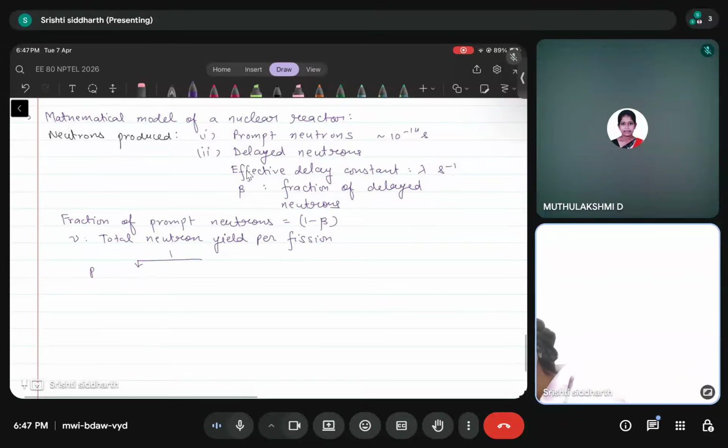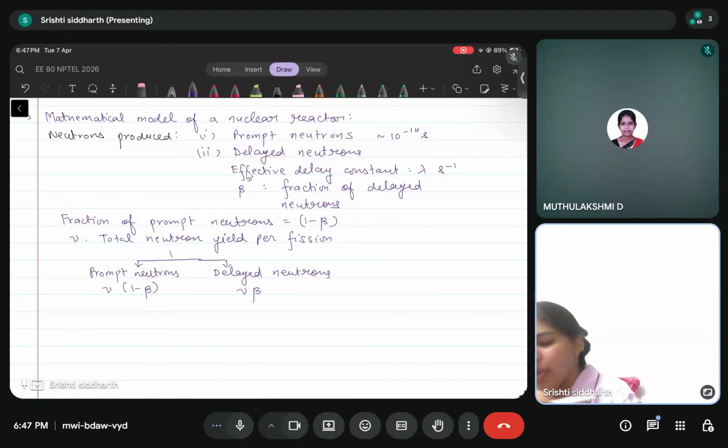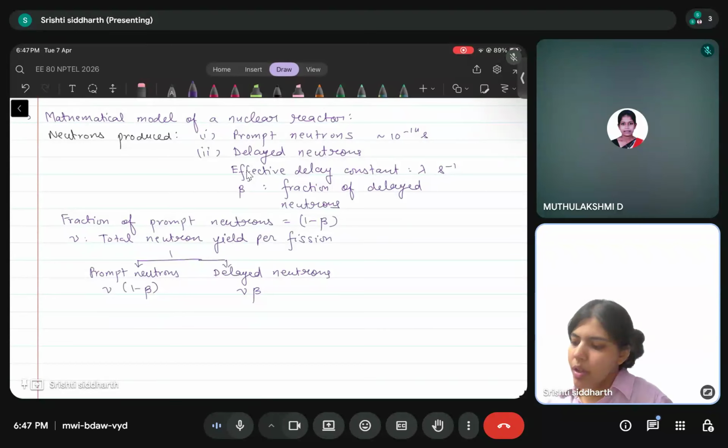Prompt neutrons would be nu times 1 minus beta in a single fission reaction, and the delayed neutrons would be nu times beta. So in each fission reaction, we know how many neutrons are the prompt ones and the delayed ones.